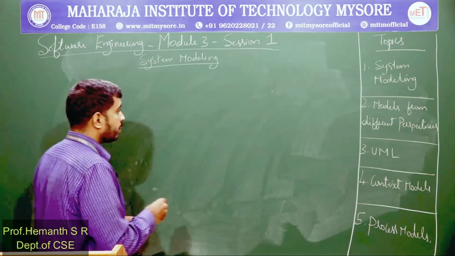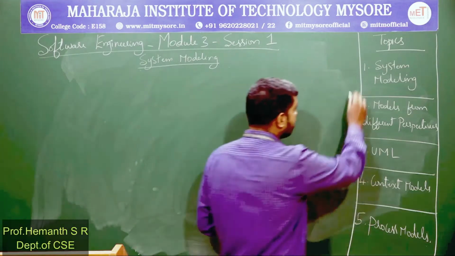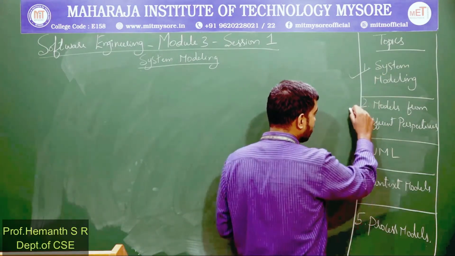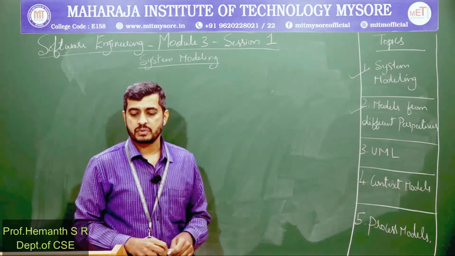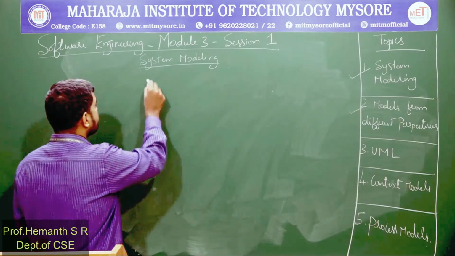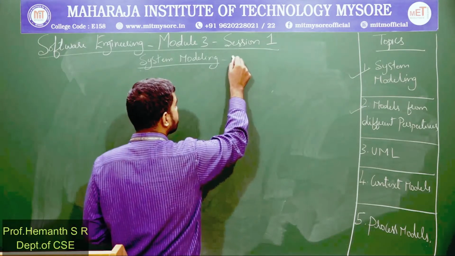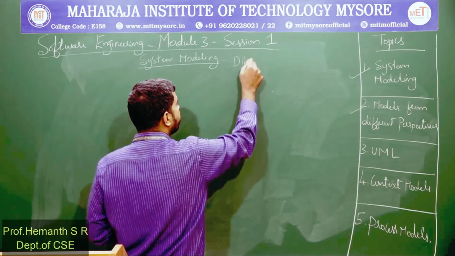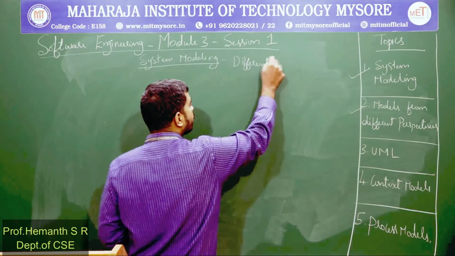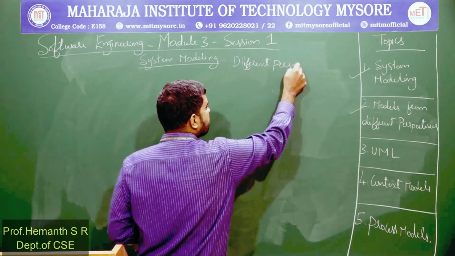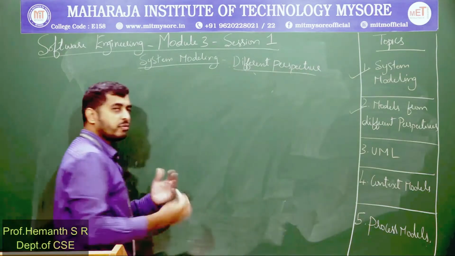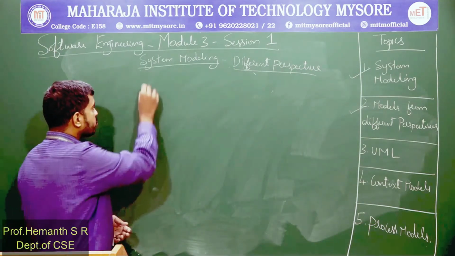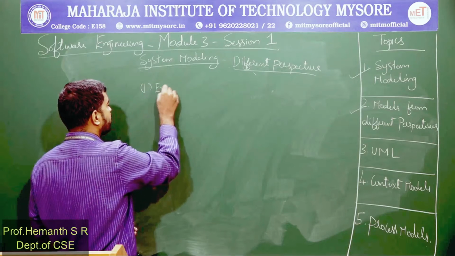So the very first perspective. We understood what system modeling is, and we are exploring the second topic, models from different perspectives. Under system modeling, we are exploring the different perspectives that you can use to present your plans. The very first one is the external perspective.